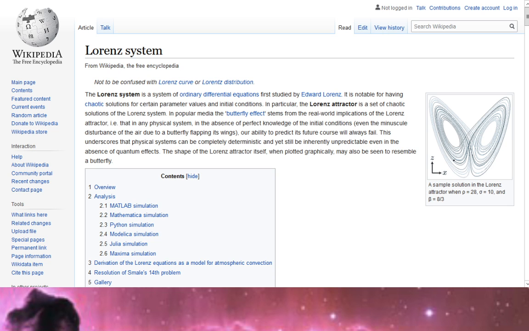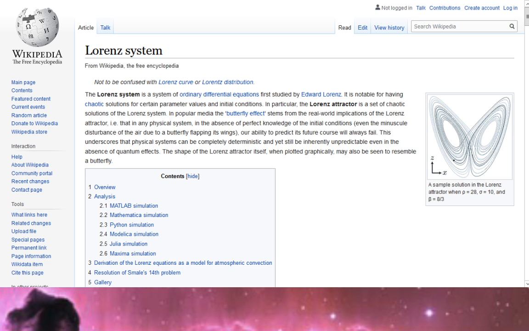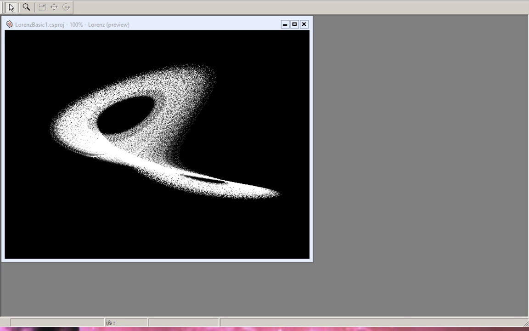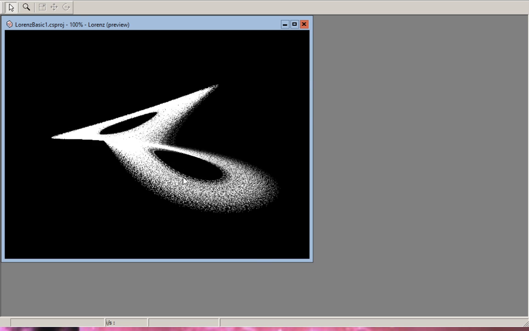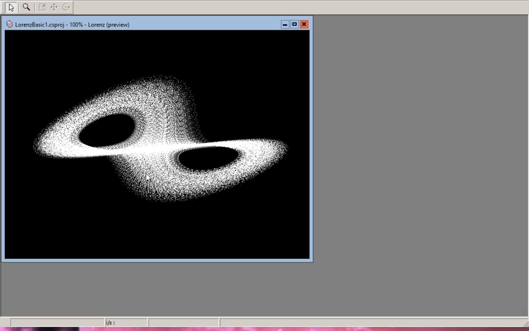Like, this is just black and white. Let me go back to this thing again here. This is just black and white, but it's obviously 3 dimensions. So how would you represent that?